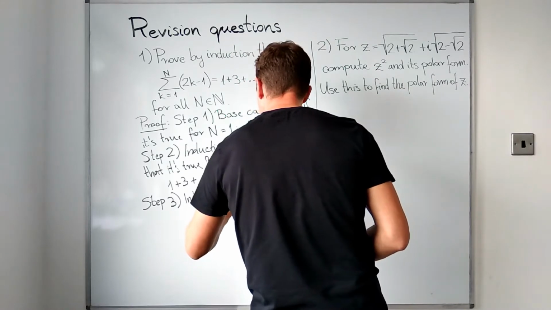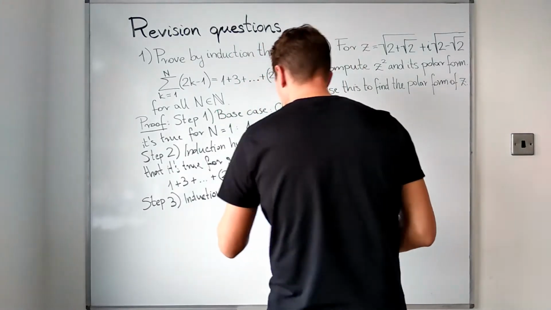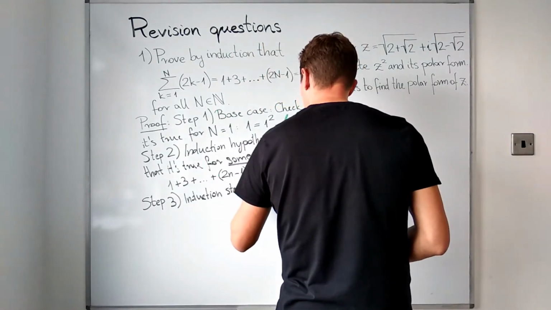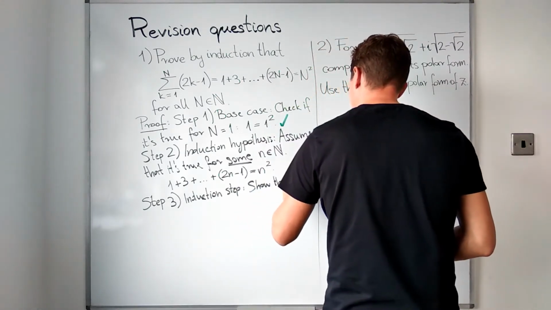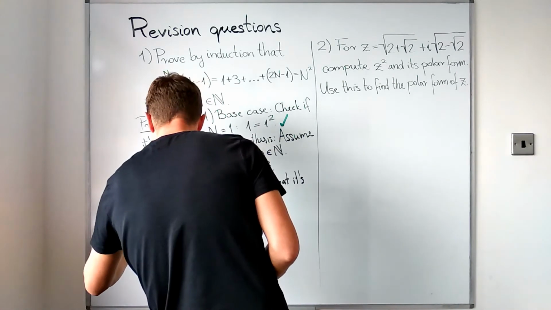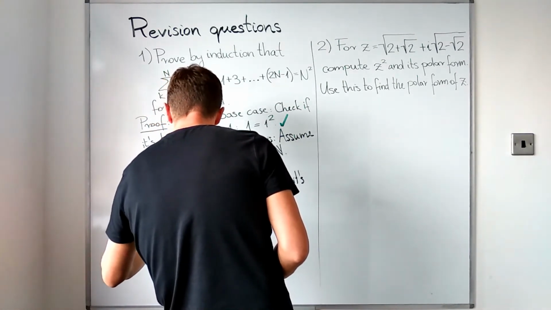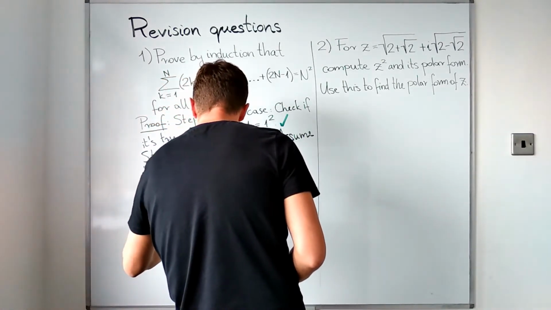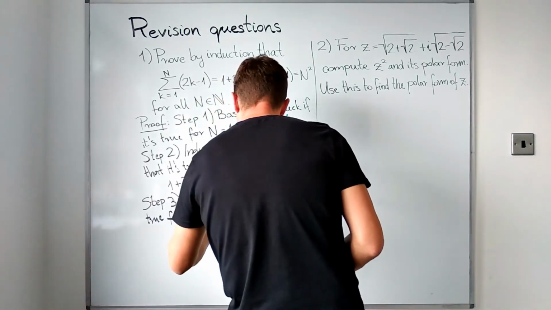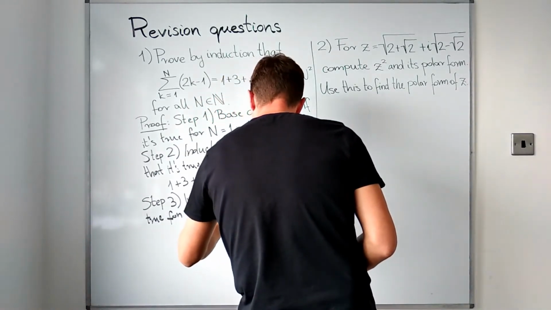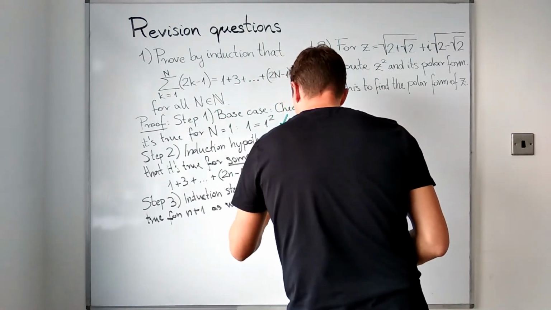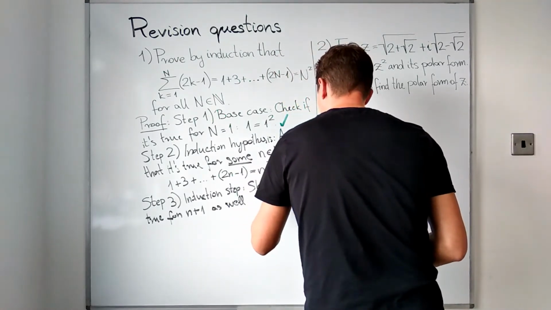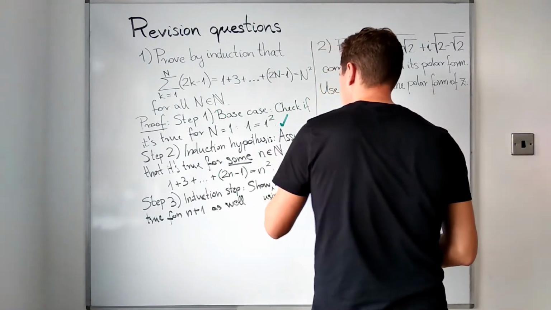Now we can then move on to the last step, step 3, the induction step, where we make the induction step, that is, show that it's true for n plus 1 as well. And the way we have to show this is using step 2, the induction hypothesis.